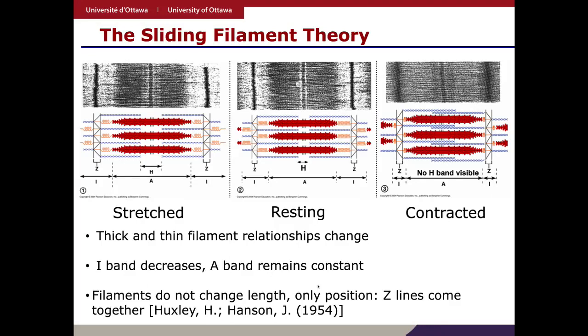Based on these images, they proposed the sliding filament theory of muscle contraction in a landmark paper published in Nature in 1954. Prior to that, most scientists thought the actin and myosin proteins stretched and recoiled to change length.